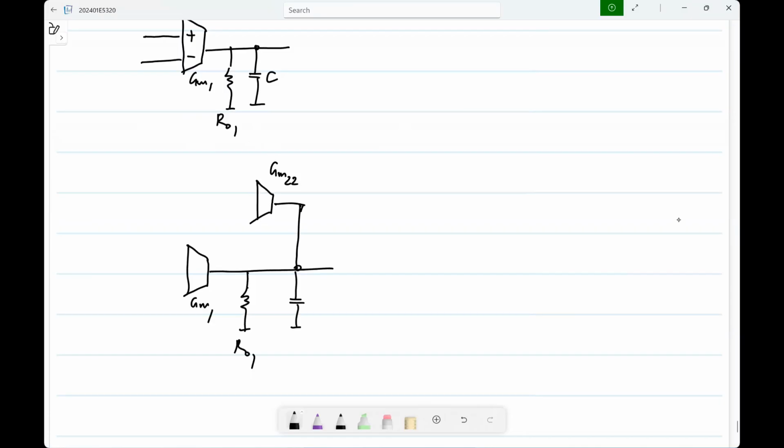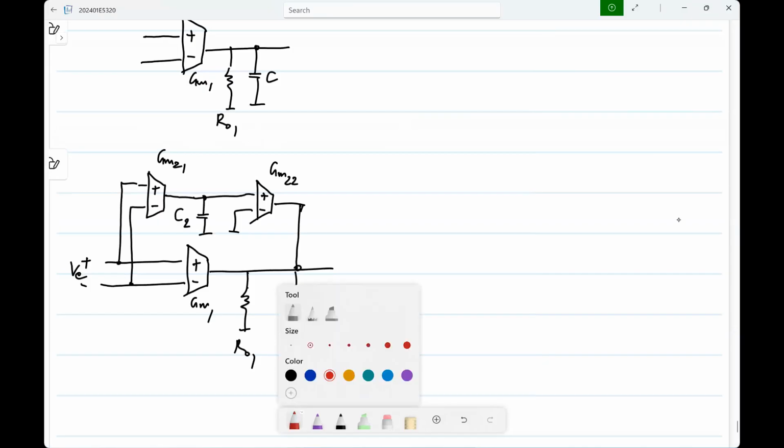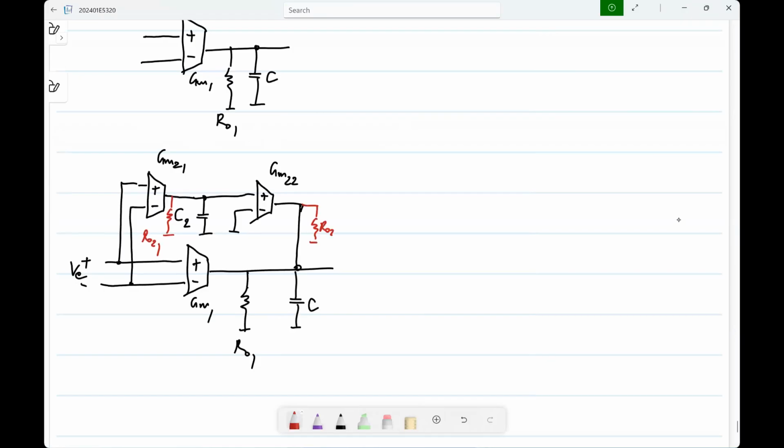This is GM1. And this is VE. And let me call this, I don't know, C2 or something. Now, of course, we have to keep in mind that there will be RO21 here and RO22 there. That will also be there.